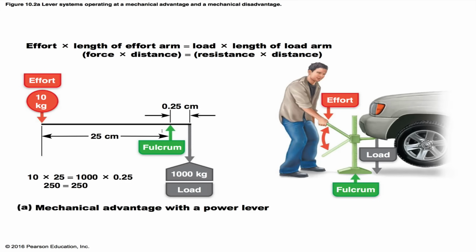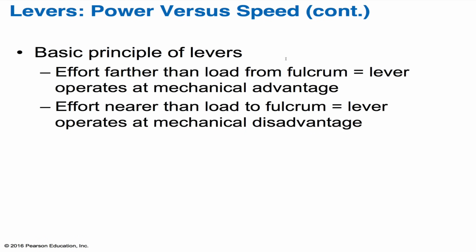A very long distance between the fulcrum and the effort. In addition to that, more importantly, the distance between the fulcrum and the load, which is referred to as the load arm, is short.